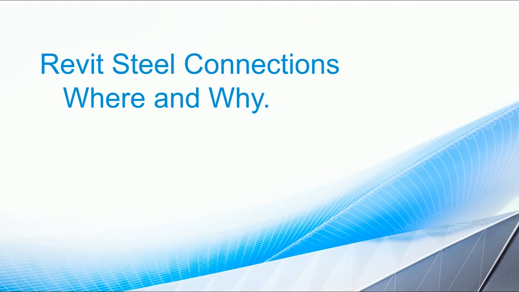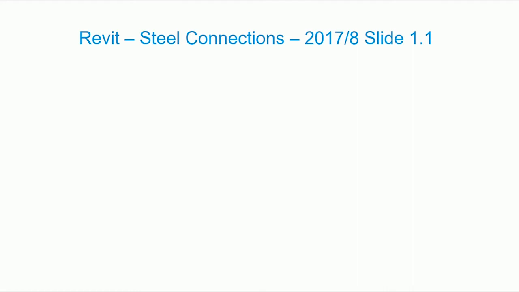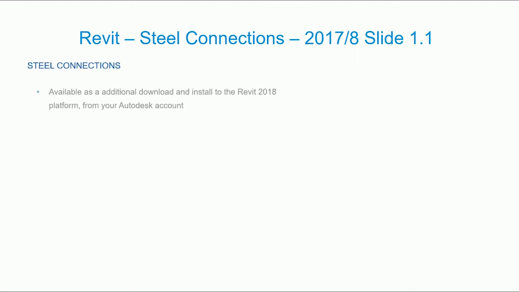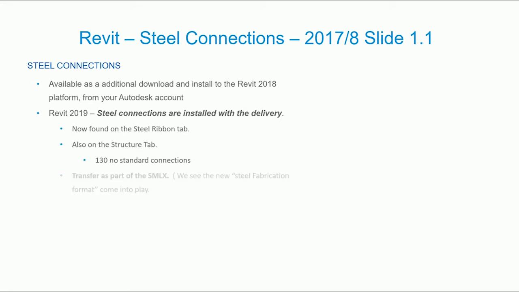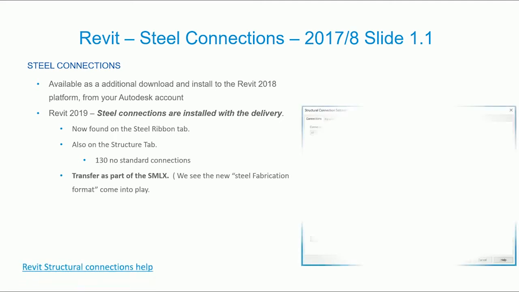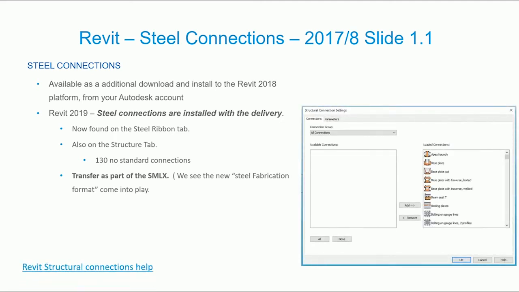So the next big thing that's come in the last couple of years is the improvement with connections. So we've seen connections coming in various stages over 17, 18 and 19 now. In 19 they moved on to the steel ribbon tab, and also on the structures tab. I think there's 130 standard connections now, and they are transferred as part of the SMLX.